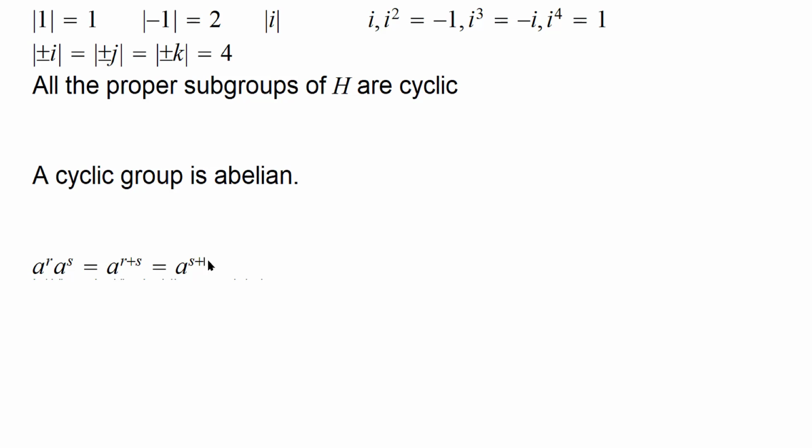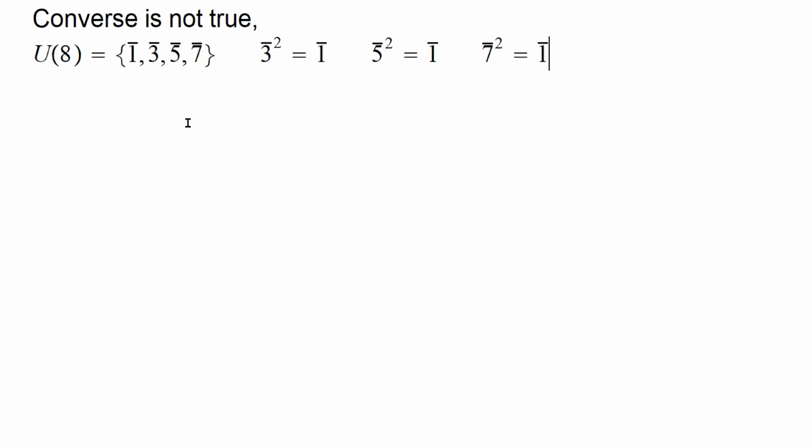And you can see that the converse is not true. As an example, we had one a little while ago: the group of units in Z8, that is 1, 3, 5, 7 with respect to multiplication modulo 8, is not cyclic, remember?